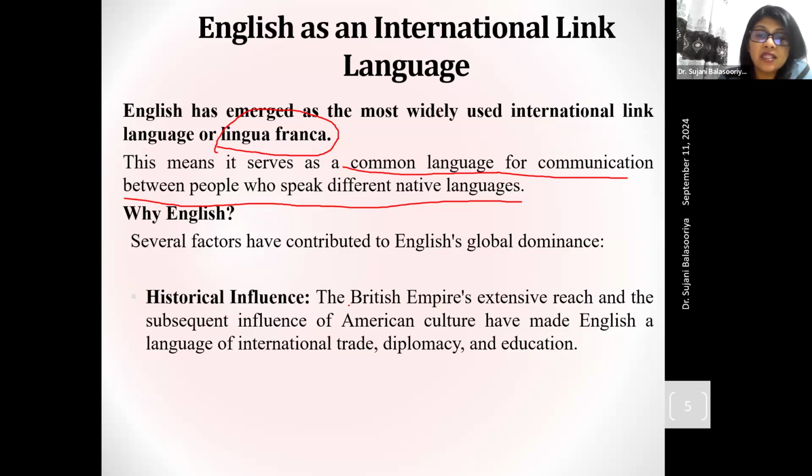That means the British Empire has invaded so many countries and made them colonies. So as a result, the language of the British Empire has spread throughout all these countries or colonies, and that is one reason. And also the subsequent influence of American culture.